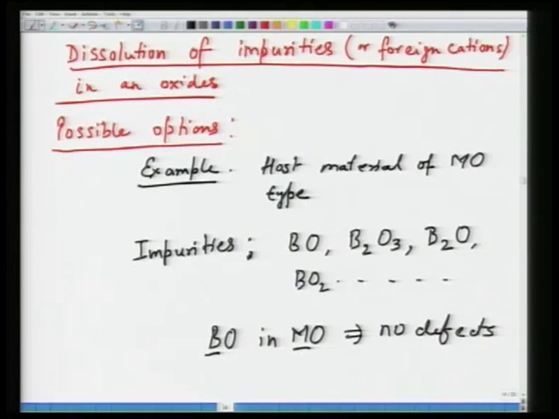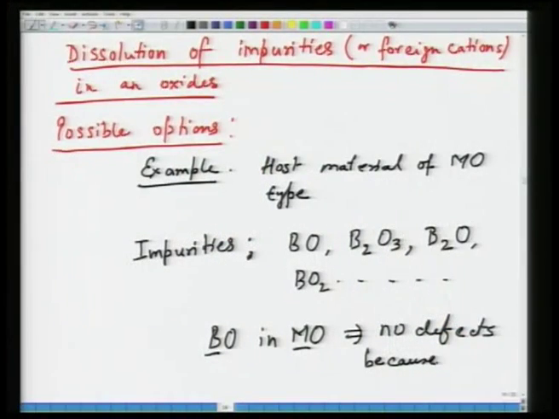However, if you have dissolution of impurities in the form of B2O3 or B2O or BO2, in this case the cation which is coming into the host lattice has a different valence, and these are called aliovalent ions. In the previous case it would be called isovalent, so you won't form any defects because of an isovalent impurity.